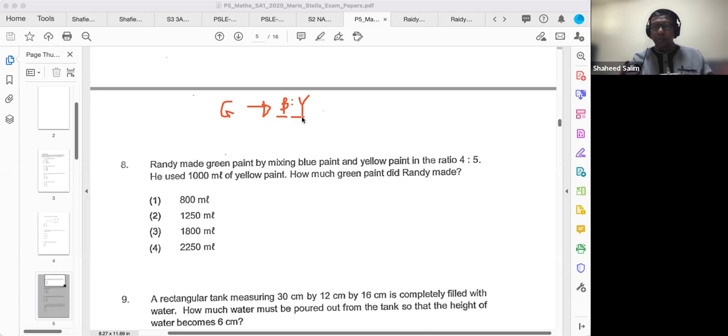He used 1,000 ml of yellow paint. So how many blue do you use? And then in total is how much? You can put like that. Good, well done. So you get 800 here, right? So you add together 1,800.